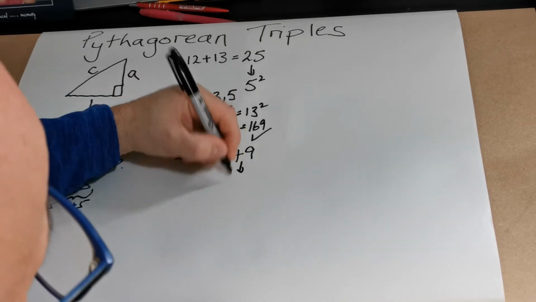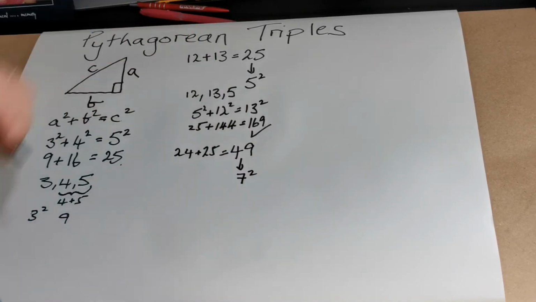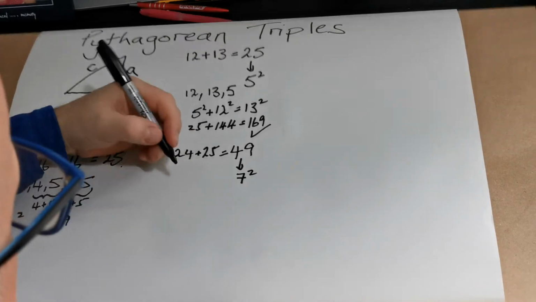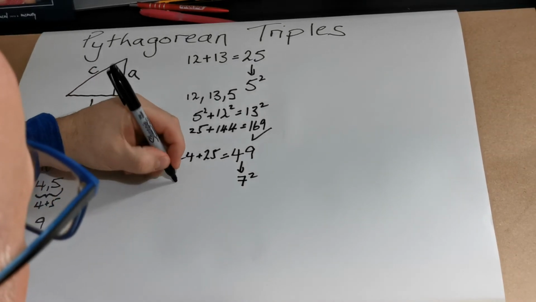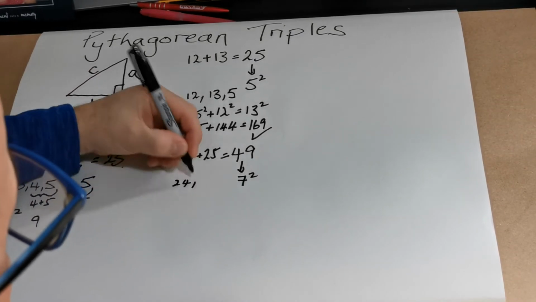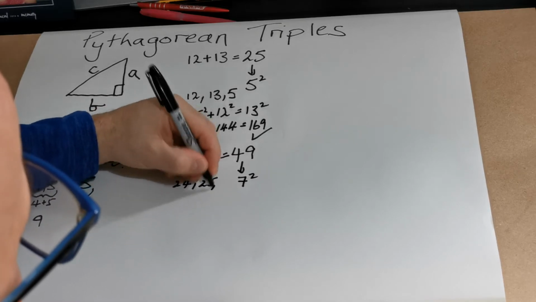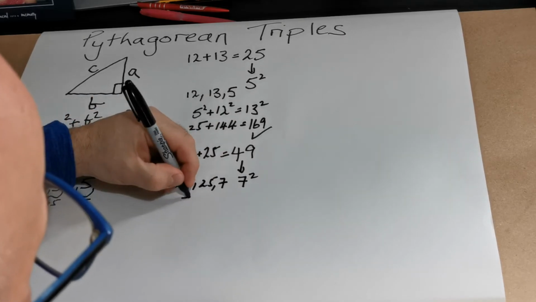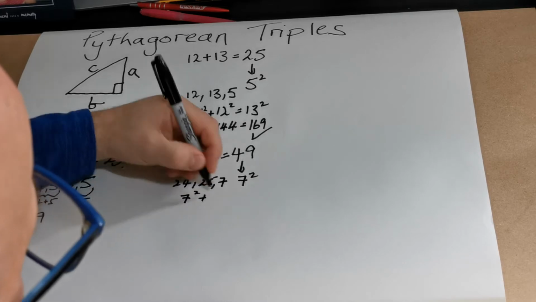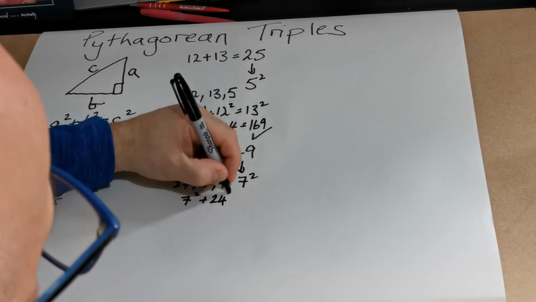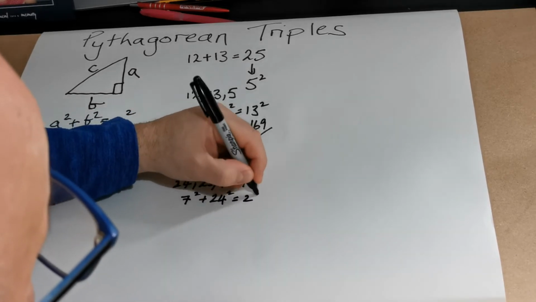And this is 7 squared. So my Pythagorean triple here would be 24, 25 and 7, and that is because 7 squared plus 24 squared is equal to 25 squared.